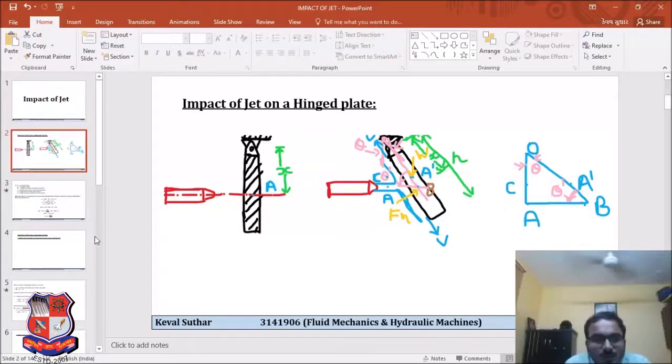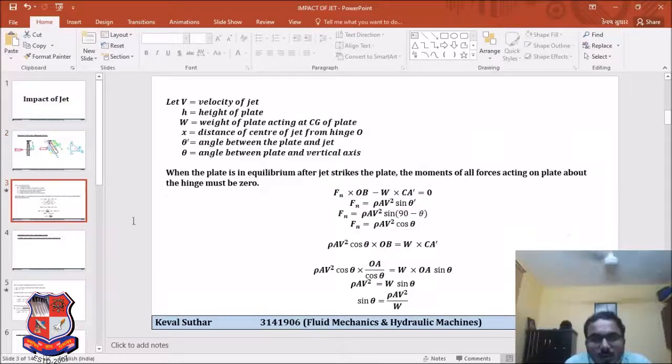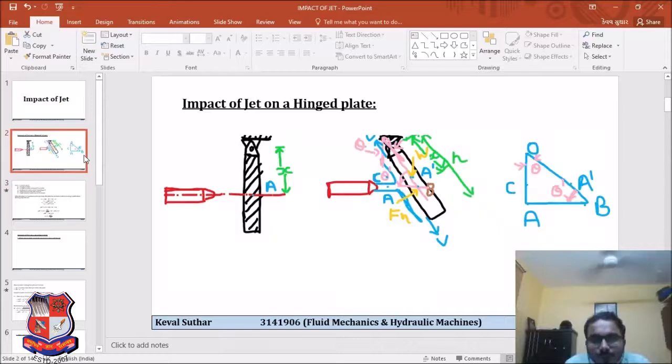Okay, so Fn into OB will be a moment which will be counterclockwise, minus W into CA prime.